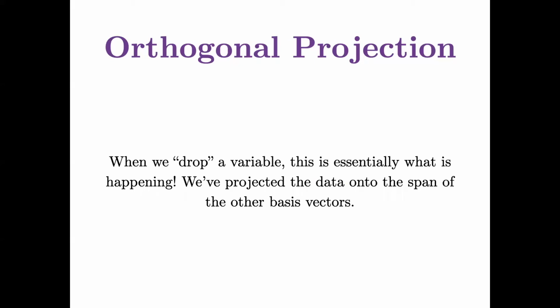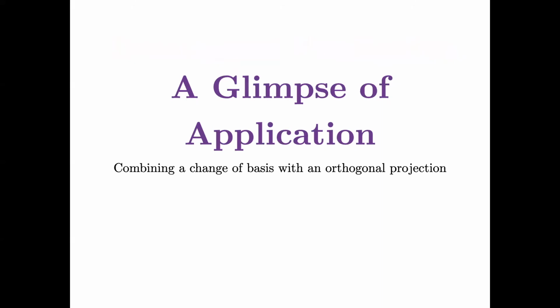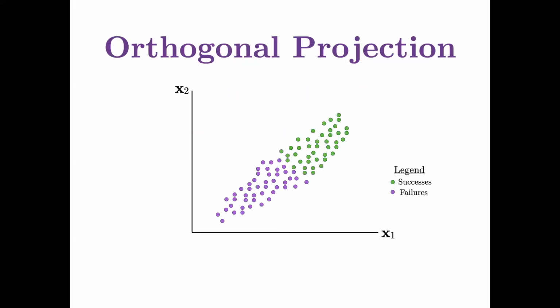I'm going to try to give you a little glimpse of application here, combining our knowledge of a change of basis with the idea of an orthogonal projection. Now, any example that I can fit on a slide is totally contrived.